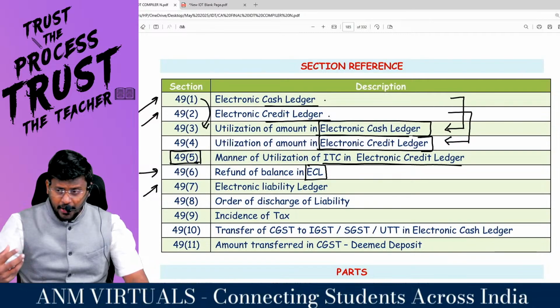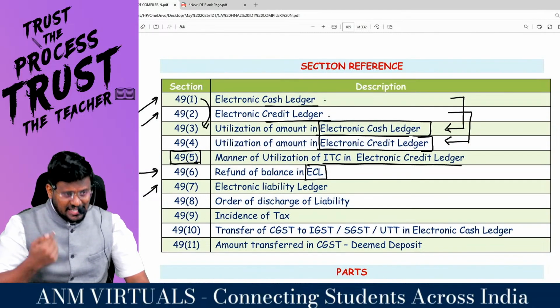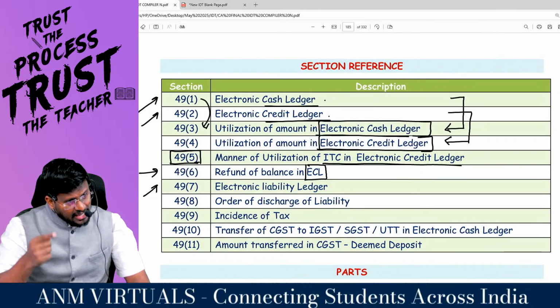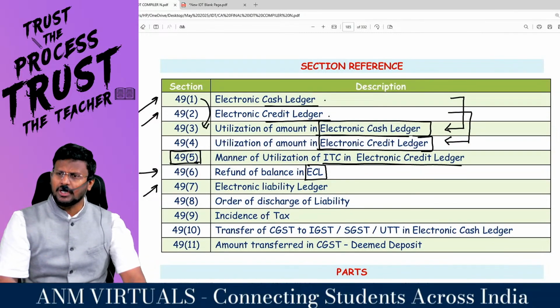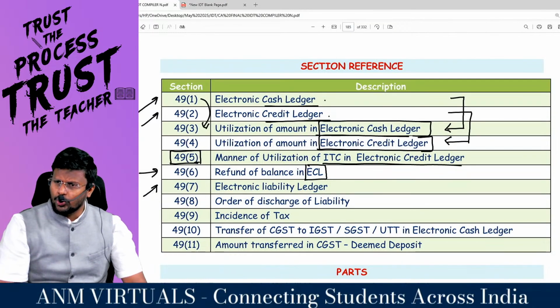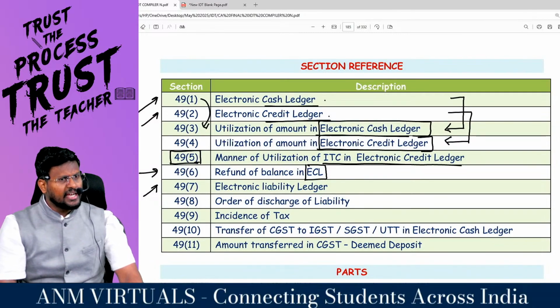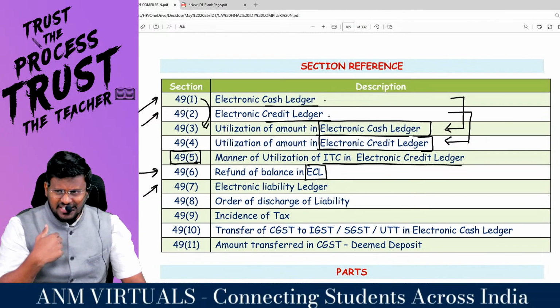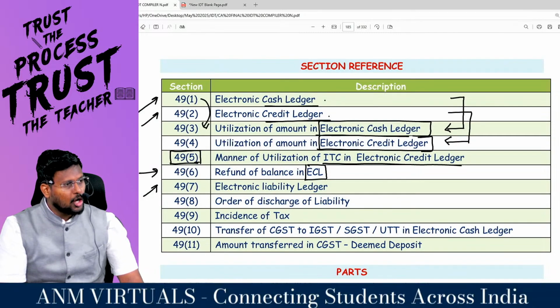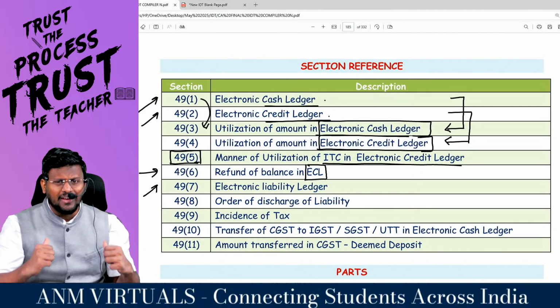That means the government has to pay me how many lakh? 10 lakh. That means it is my asset, whereas it is a liability for the government. The same applies to the electronic credit ledger. When I am purchasing, if I pay tax, my dear lovable students, it is my asset. My asset is whose liability? Government's liability.